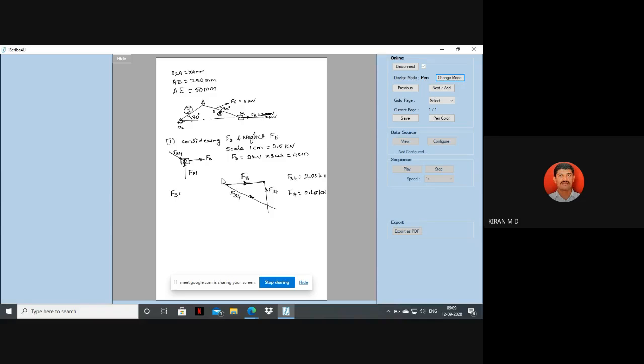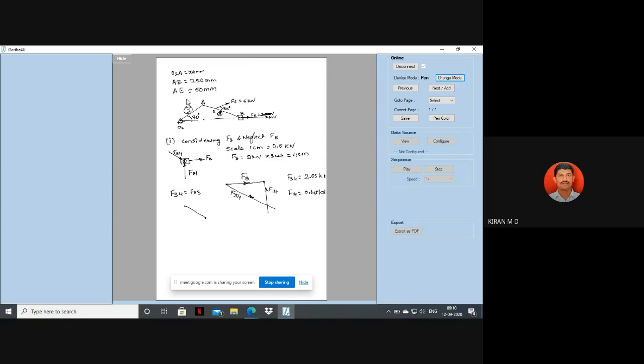F34 is equal to F43, the force acting on the connecting rod. I will draw the connecting rod line. Just show a very simple line, that's enough, parallel to this connecting rod. You just show it on that.